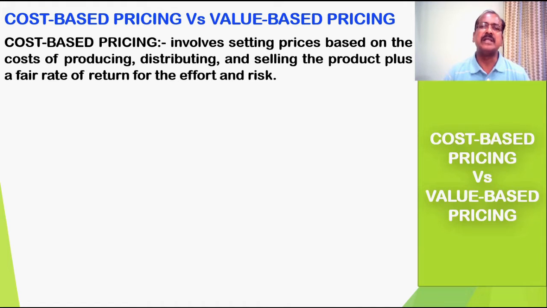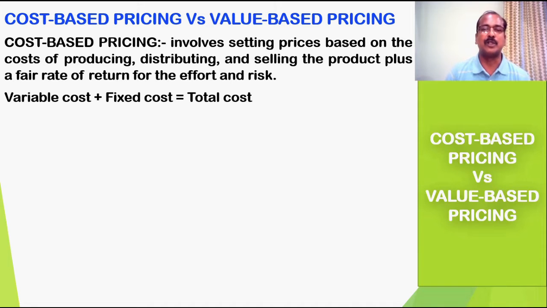So it simply means that price for a marketing offer is set according to this method using the cost of producing the marketing offer plus the cost of its distribution and the selling expenses. In addition to that, a fair rate of return for the efforts taken by the companies and also the risk undergone. This is how price is set for a marketing offer.